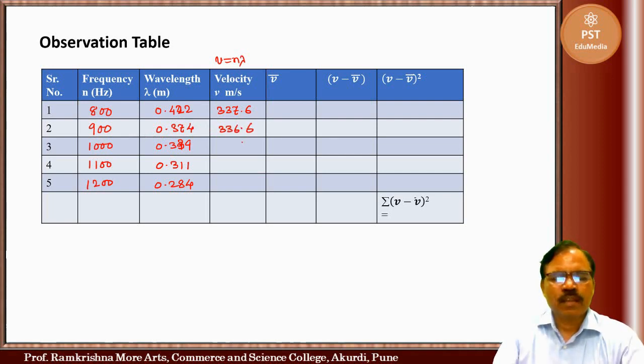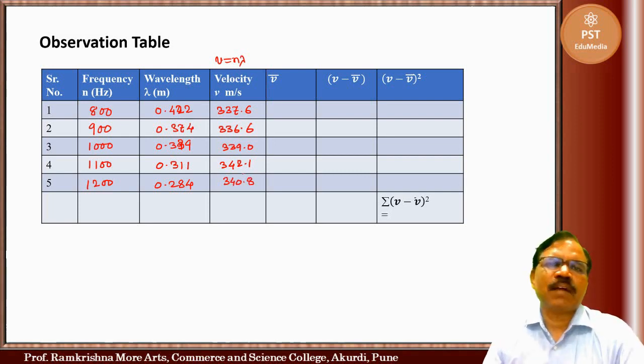Then 900 into 0.374, we will get here 336.6. Now here 1000 into 0.339, you will get 339.0. Then 1100 into 0.311, we get here 342.1, and then 1200 into 0.284, we get here 340.8.